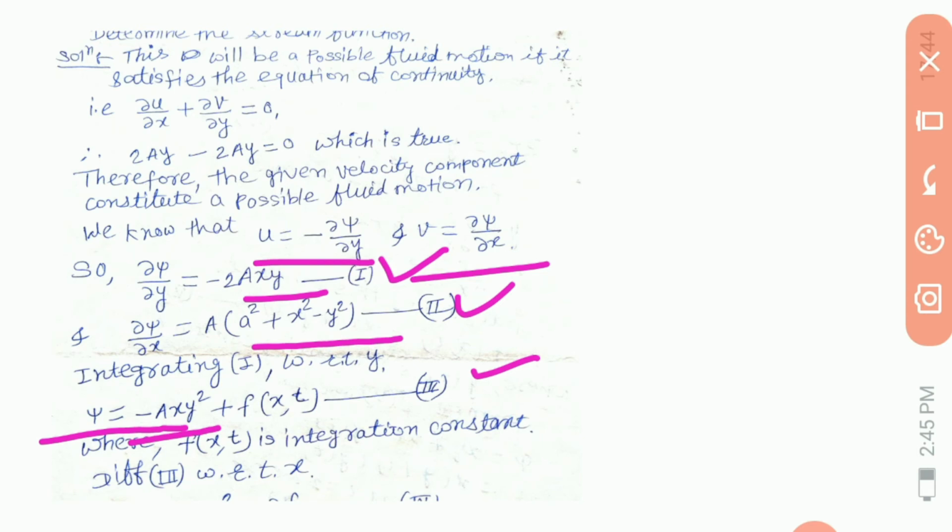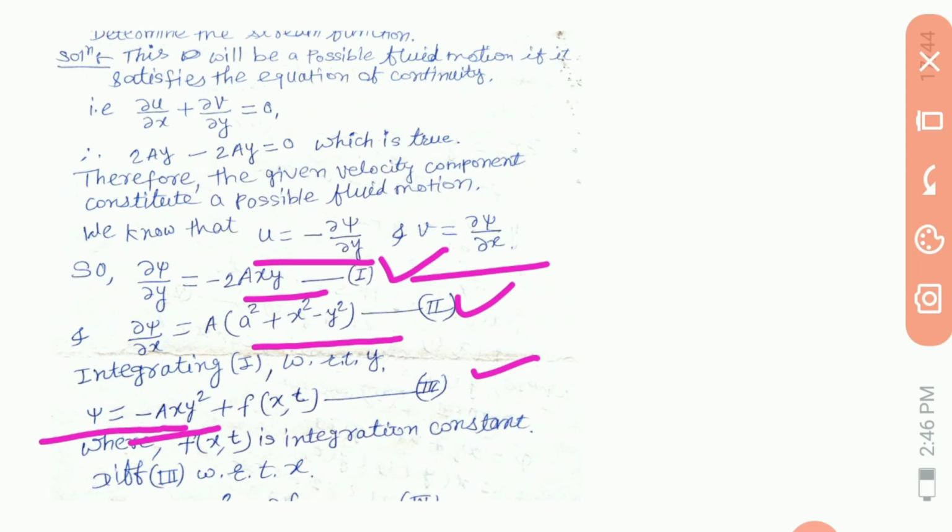That equation third is psi is equal to minus a x square y plus f of x, t. So what do we get?